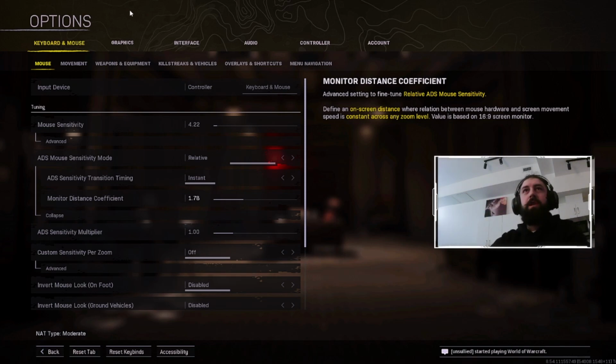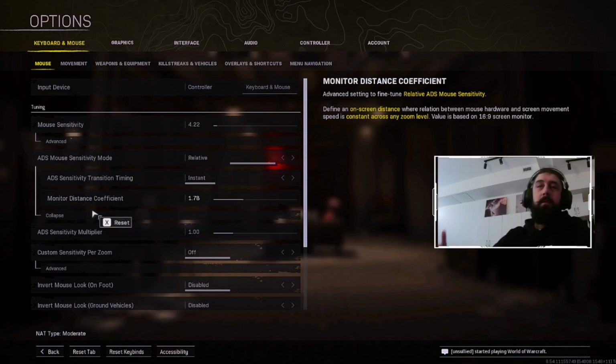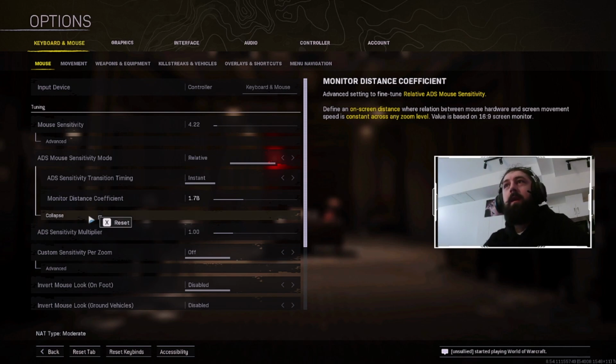But that 1/4 of an inch difference means that, depending on your sensitivity, let's say this is the target, you're going to be either here from the target or here. And if your target's far away, that means you're missing him by that much, right? 6 feet, 7 feet, whatever it is. So you definitely want to have your monitor distance coefficient at 1.78, or to max your screen resolution.